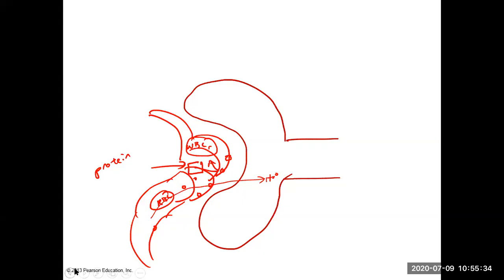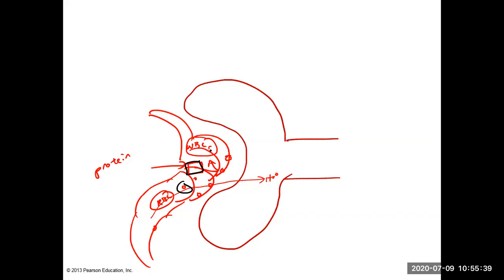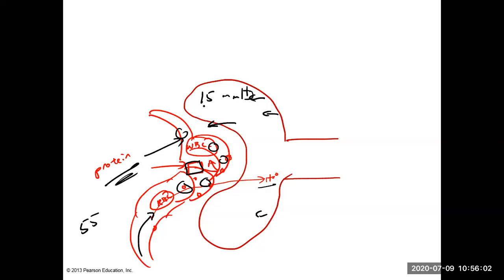So let's put in the proteins right over here. These are proteins. There's a lot of proteins that do not pass. So for the water that passed, remember this force right over here was 55 millimeters Hg. The capsular force, when the water comes into contact with the capsular wall, was 15 millimeters Hg, which is opposing that force, 55 and 15.